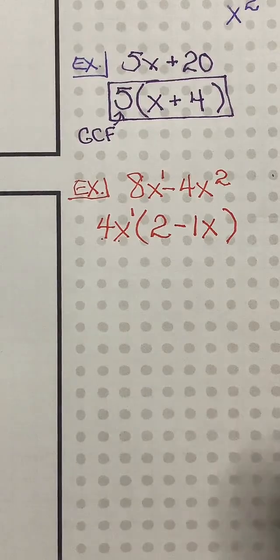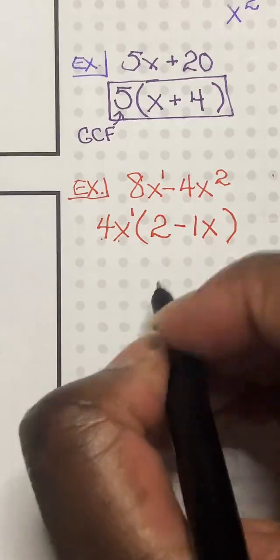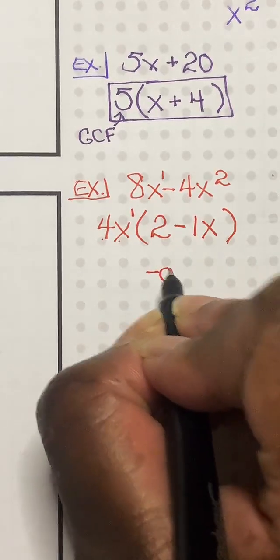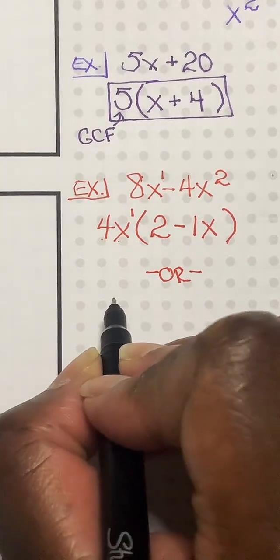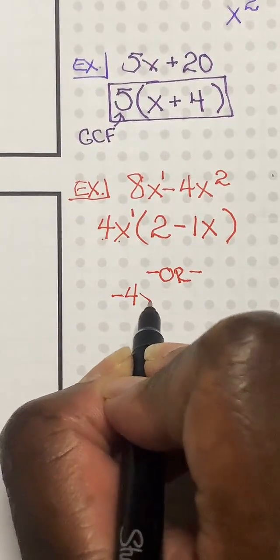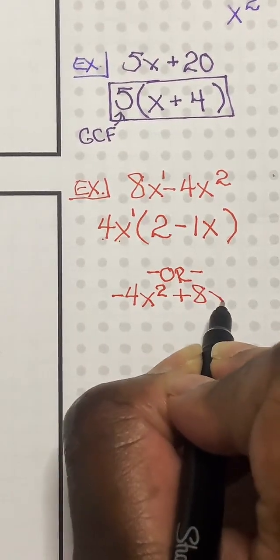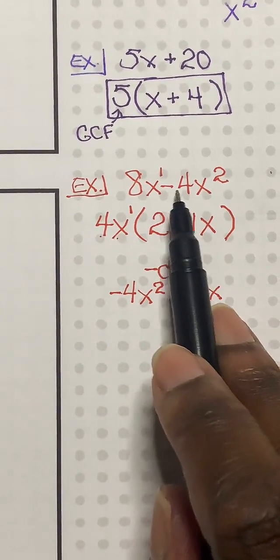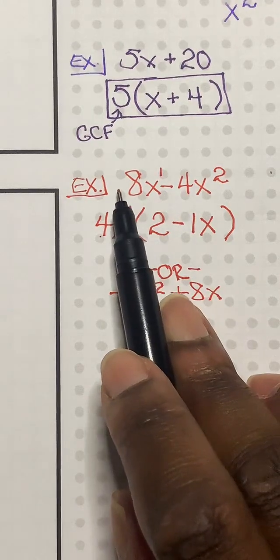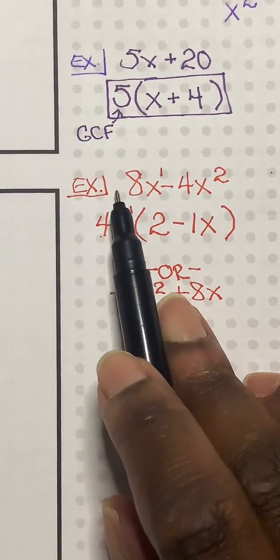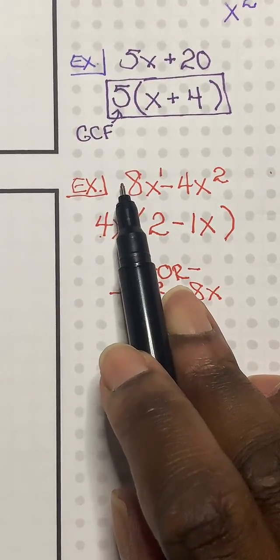Now, it could stay this way, or some people like to switch it around. If I switched it around, it would have been a negative 4x squared plus 8x. This minus sign is attached to this 4. Remember, the sign of a number is always to the left of the number, so there's not a minus sign in front of that 8.